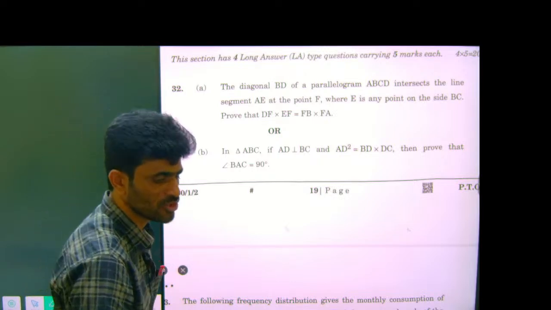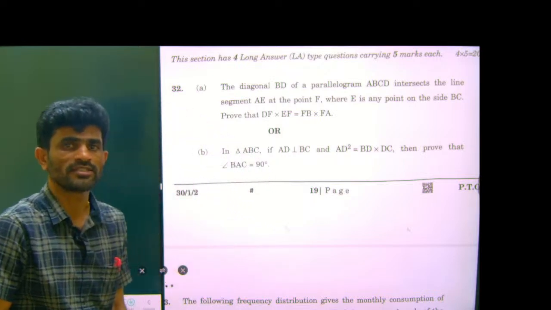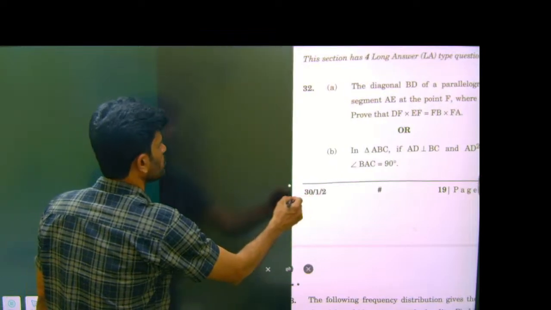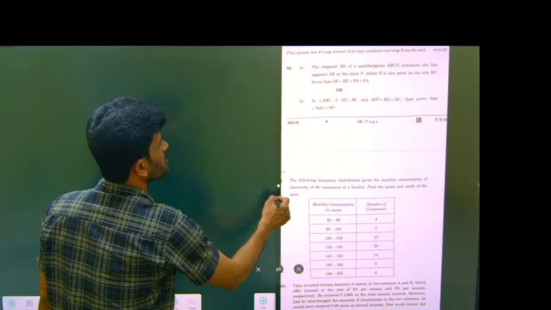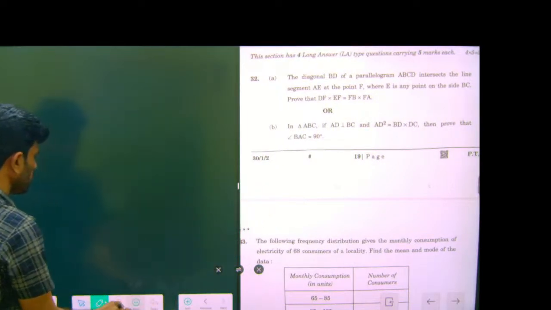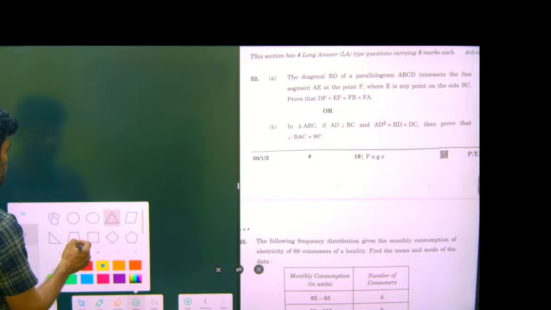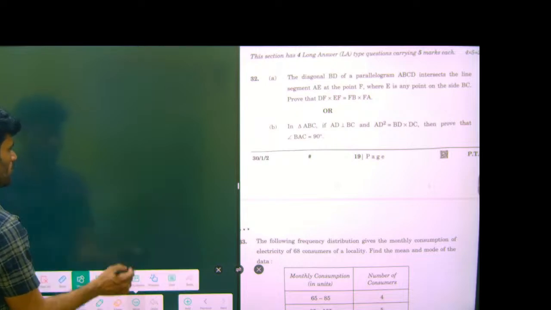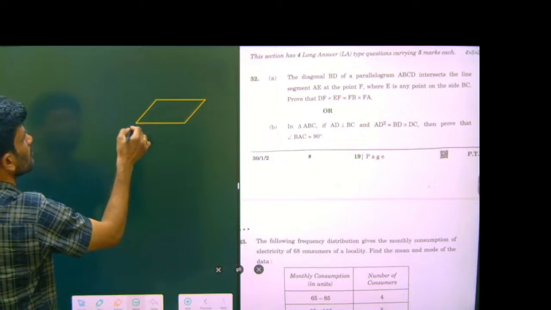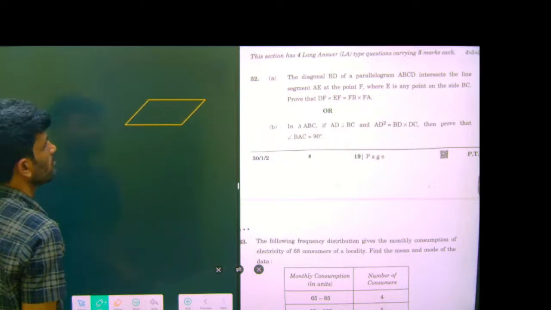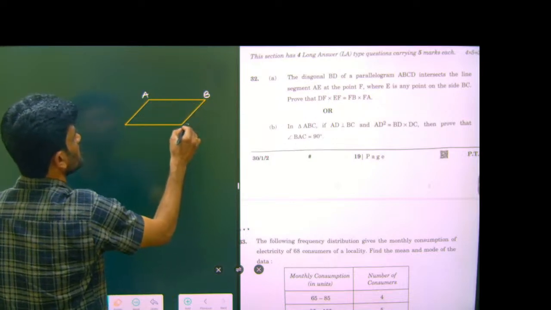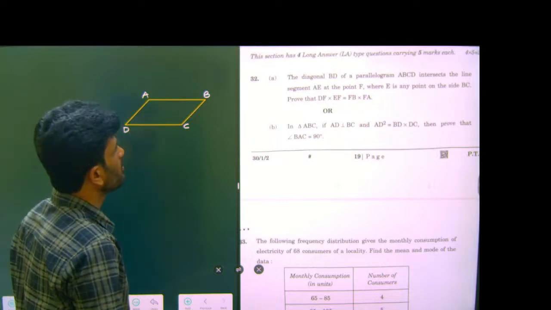I told you whenever a geometry related question comes, draw the figure to understand better. So here also let us draw the figure. We need a parallelogram first. Let us draw the parallelogram ABCD.